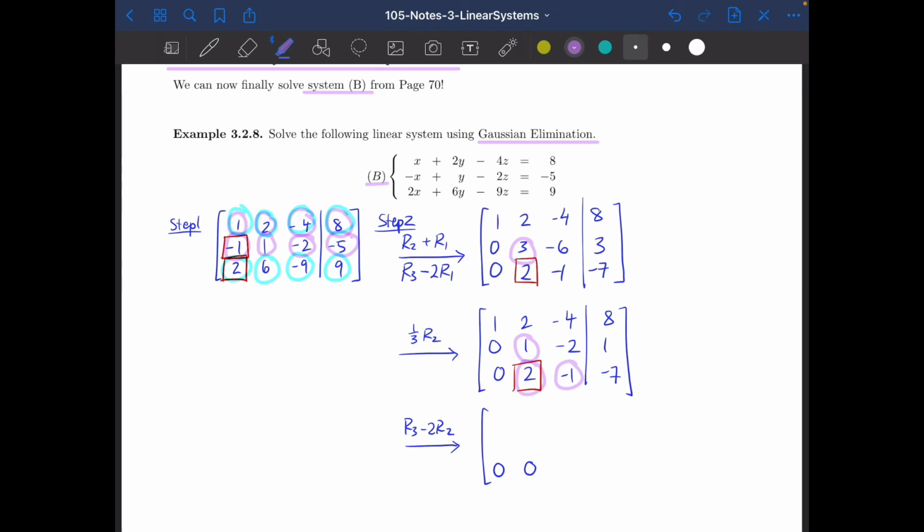Minus 1 minus 2 times minus 2, that is 3. And finally, minus 7 minus 2 times 1. Minus 7 minus 2, that is minus 9.